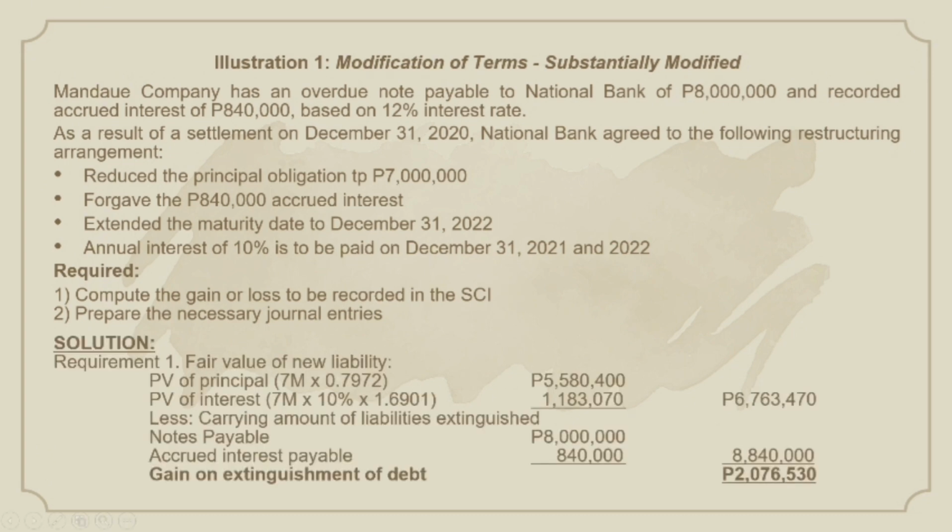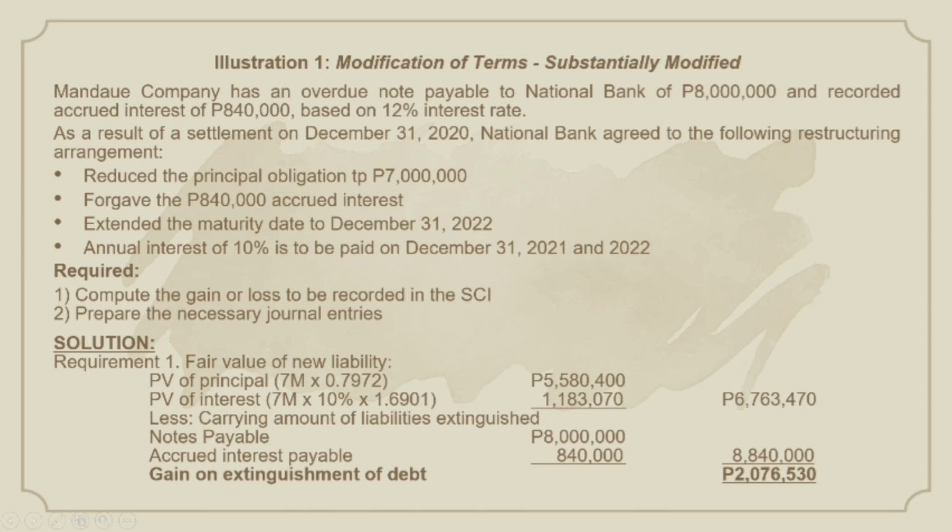Required: compute the gain or loss to be recorded in the statement of comprehensive income and prepare the necessary journal entries. So the solution to the first requirement, we have the fair value of the new liability: the present value of principal, 7 million times 0.7972, we have 5,580,400.